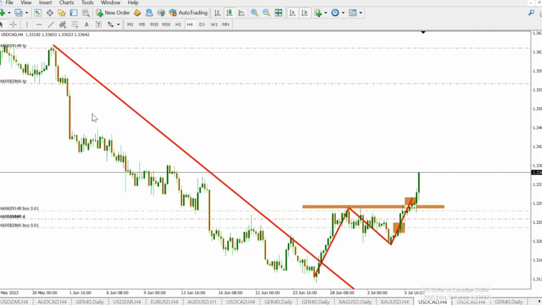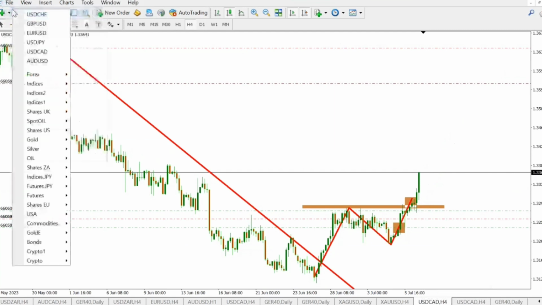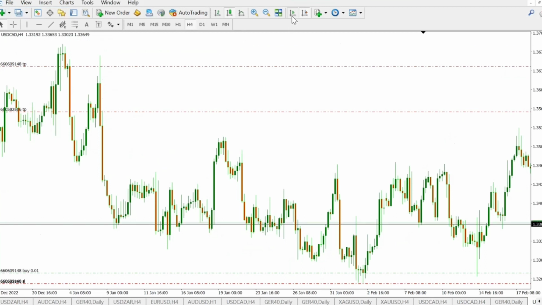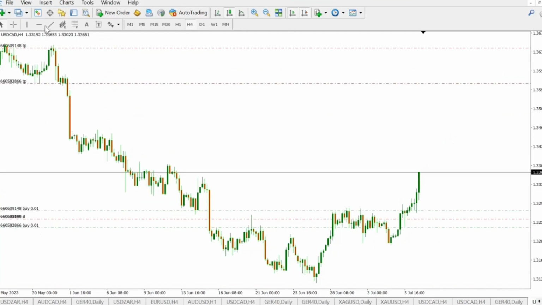Okay, so let me break down USD CAD. So right here, I bought because the market was in a downtrend initially, and the market broke this downtrend.